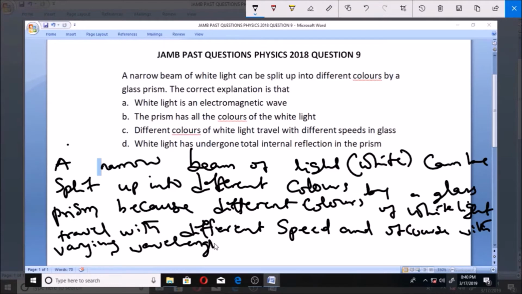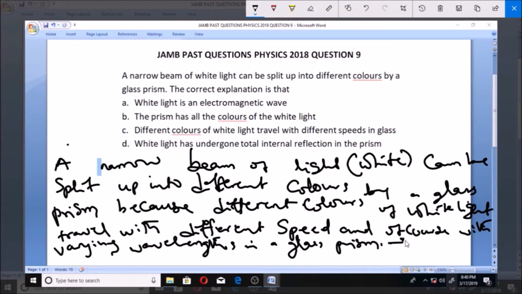You will not notice this until you pass it through a glass prism. So they move with different wavelengths, and you will now be able to see the different colors in the white light. This effect is known as dispersion of white light.